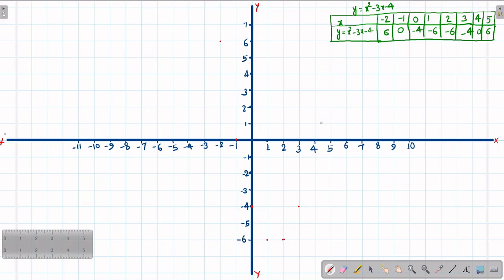Then (4, 0): this is 4 and you know on the x-axis y is always 0, so this is (4, 0). Next is (5, 6): this is 5 on the x-axis and you need to go 6 units in the y direction, that point will be this one.